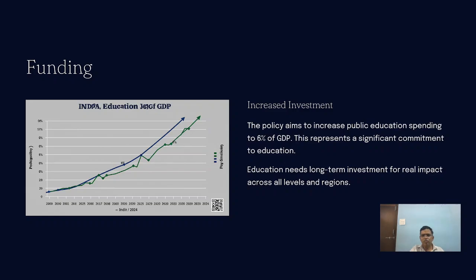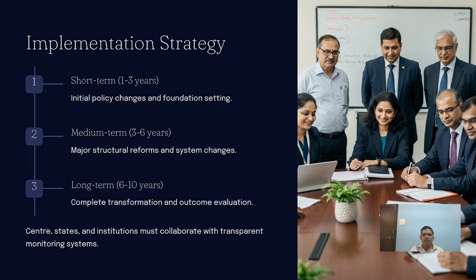Education needs to be a long-term investment for real impact across levels and regions. So education is considered an investment, not spending, through which development will cover all the levels and all the regions of India.